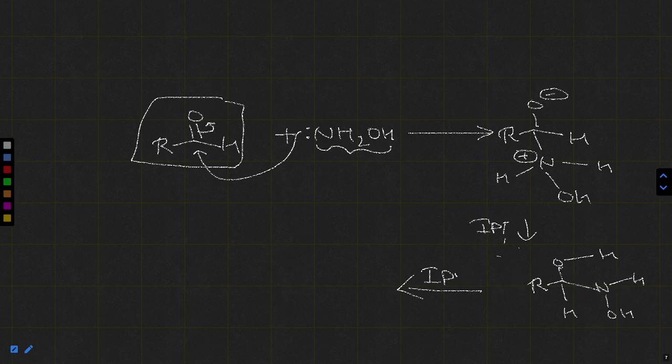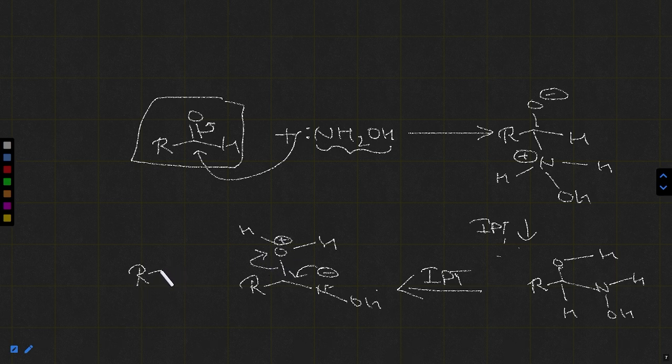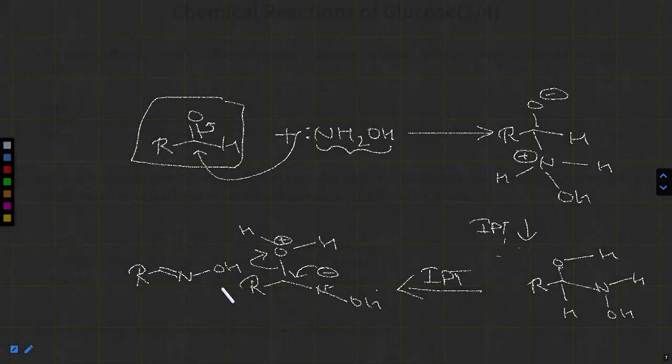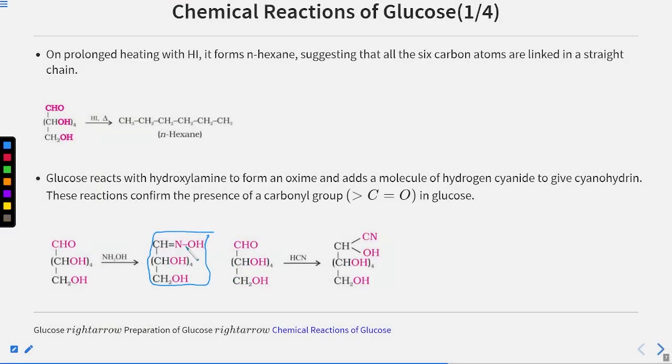There again will be an intramolecular proton transfer from here to here, and this will create a negative charge on it. Now this negative charge will move here, and since this oxygen has a positive charge, it will kick this out, and finally it will form this thing, RCHNOH. Now if you put back R here, you will get RCHNOH.